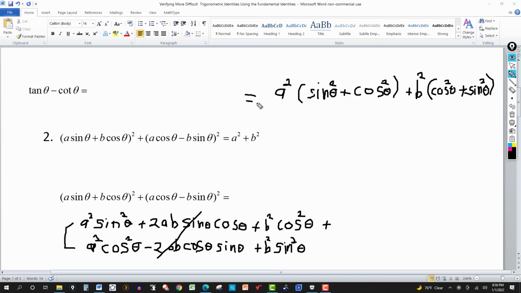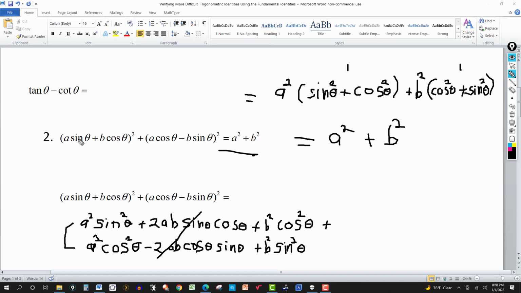And then of course I know from the fundamental identities, in this case the Pythagorean identity, that sine squared theta plus cosine squared theta, no matter what order, is equal to 1. So cosine squared theta plus sine squared theta, this is 1 and this is 1. That's one of your fundamental identities, so this then is going to equal 1 times a squared, which is a squared, plus b squared times 1 is b squared, and that's what we're trying to show.